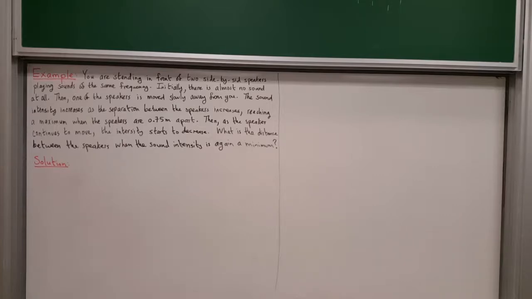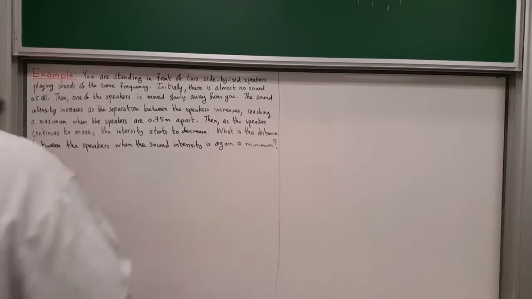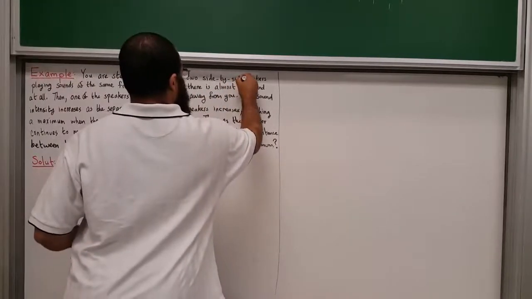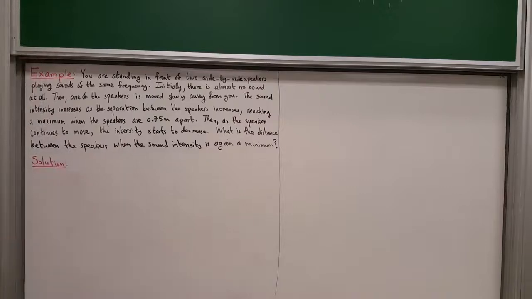You're standing in front of two side-by-side speakers playing sound of the same frequency, so the same f, same omega. Initially, there is almost no sound at all, meaning they're interacting destructively. One speaker is canceling the sound of the other one.